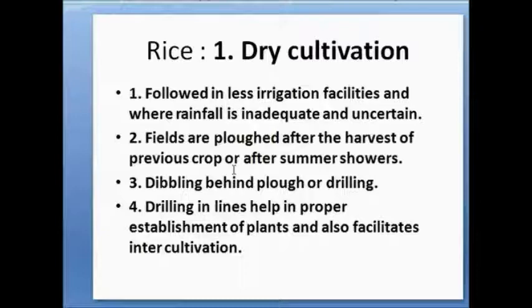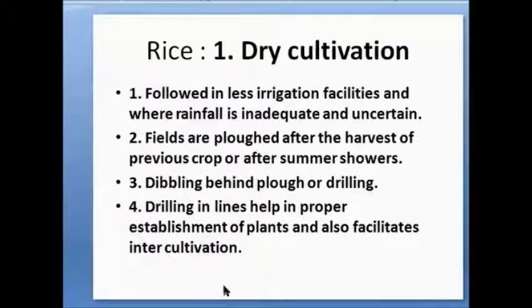Drilling method is generally used in India and African countries also, but the plant to plant and row to row distance cannot be maintained correctly. But even then, this drilling method is a comparatively good method, because this method facilitates intercultivation like weeding and application of other manures and fertilizers.